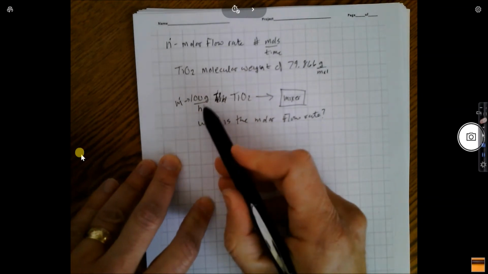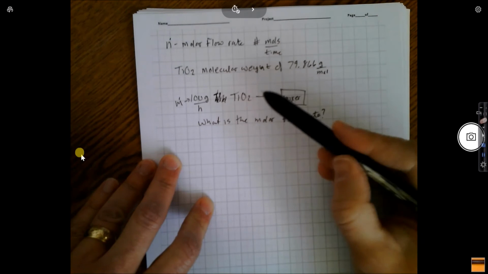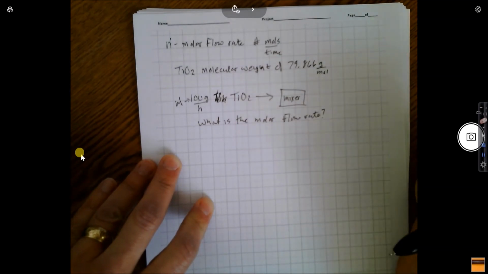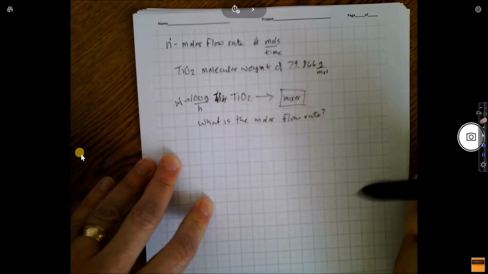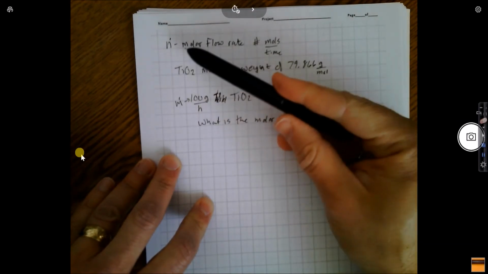Mass flow rate is given in terms of mass per time, and molecular weight is given in terms of mass per mole. So we can use molecular weight as a conversion factor to get from mass flow rate to molar flow rate, which is where we want to go.